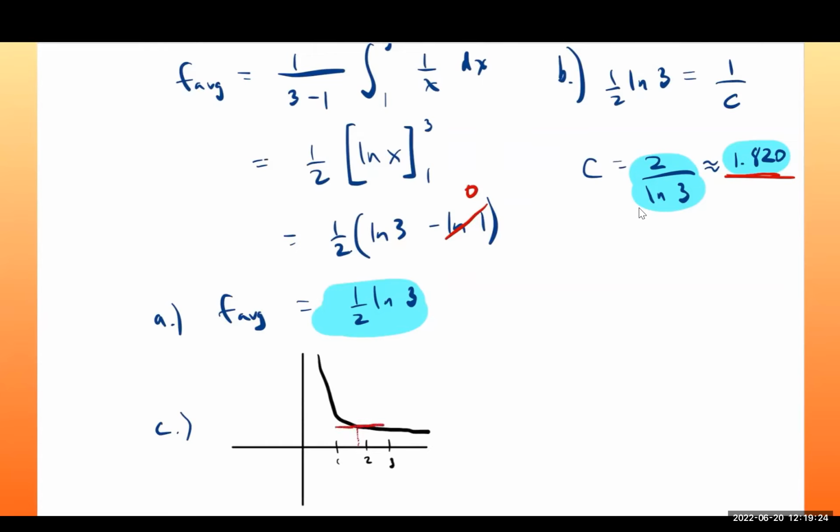And then you just draw a line that's parallel to the x-axis, and then there's our rectangle. All right, so that's all they wanted us to do. So the area of this rectangle is equal to the area under the curve from 1 to 3. And that is section 6.5.